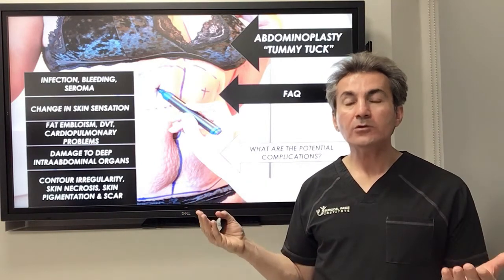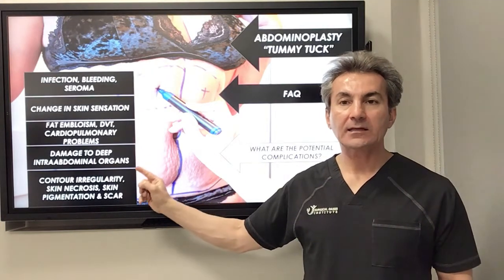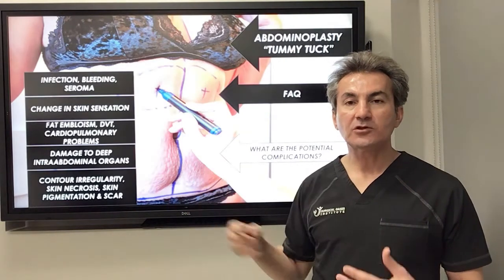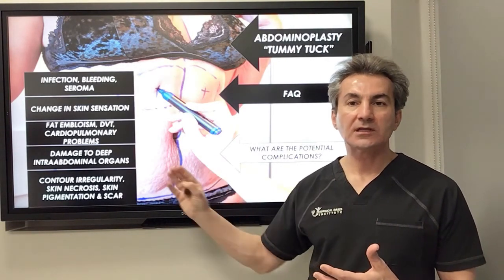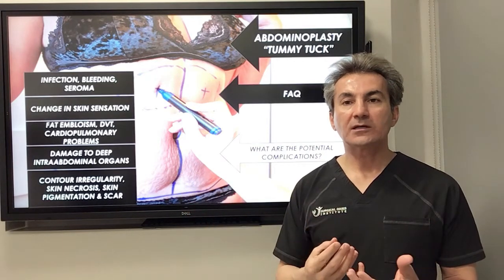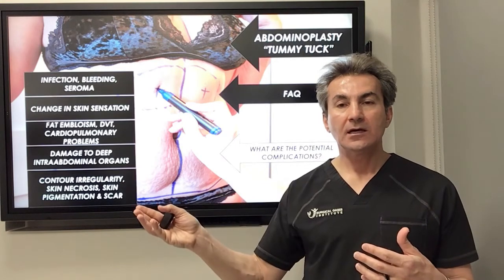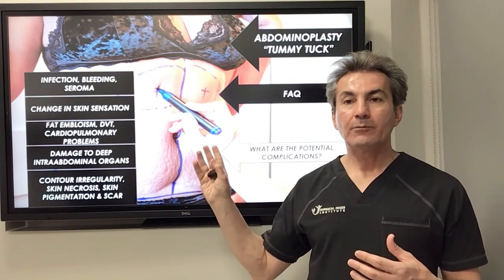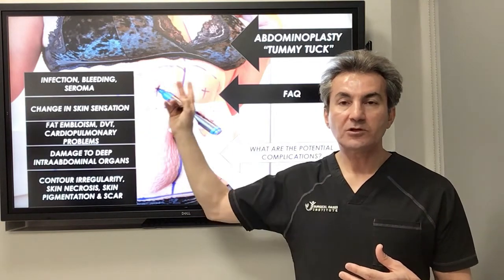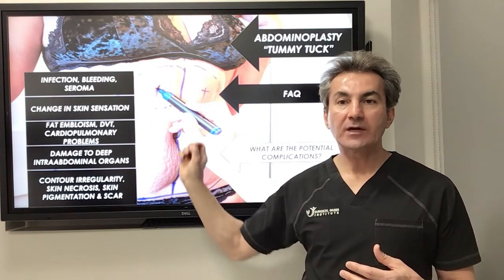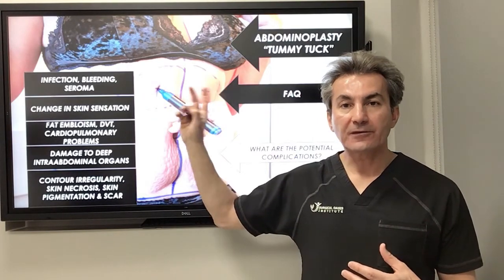So by doing that, we eliminate the problematic extra skin, which usually, especially in patients who have multiple pregnancies, is associated with stretch marks. And that skin completely separates and is thrown away. But then also this part of the skin, which we call a skin flap, that we bring down, we need to make sure that it's not very thick.